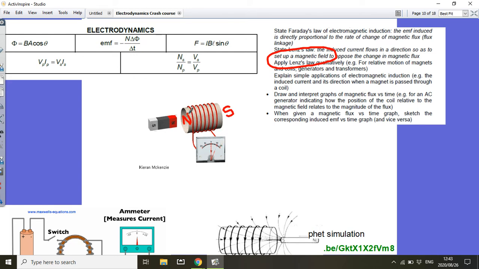So what's happening now is I am creating this by inducing an EMF that is causing a current to be created. So it will only happen while the magnet is moving. If the magnet is just standing still, nothing is going to happen. So the magnet has to be moving into the coil or out of the coil for a new magnetic field to be set up.